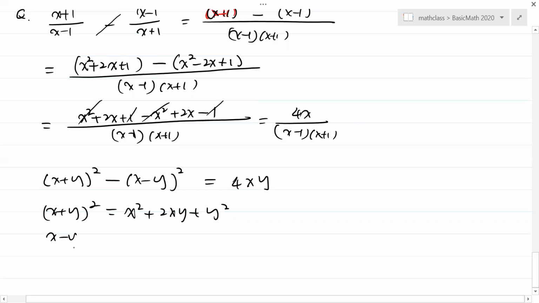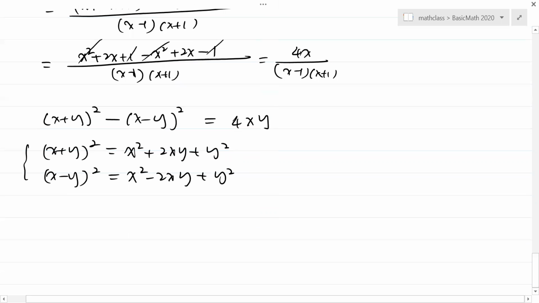And we also should know that if we change the sign for the y, those are very special formulas. If you memorize them, you don't need to do the computation over again, you just write it down. So you do need those two formulas.